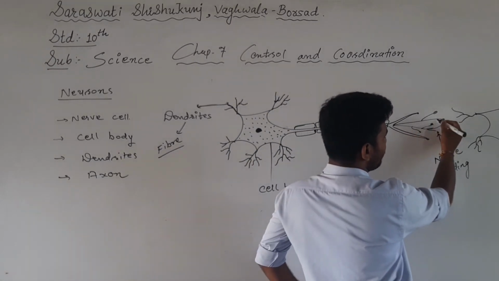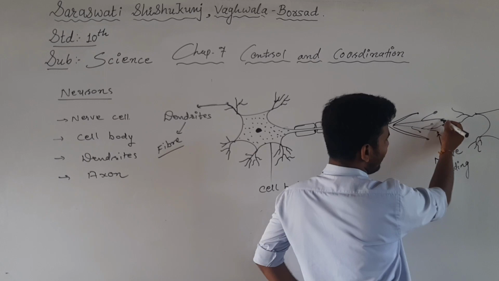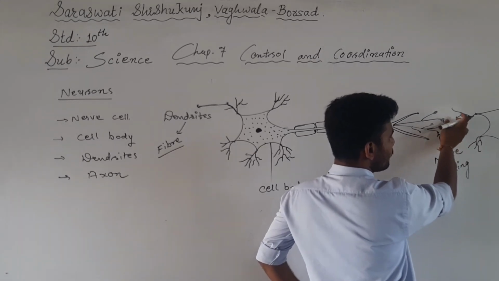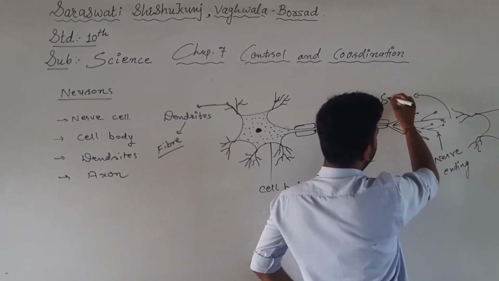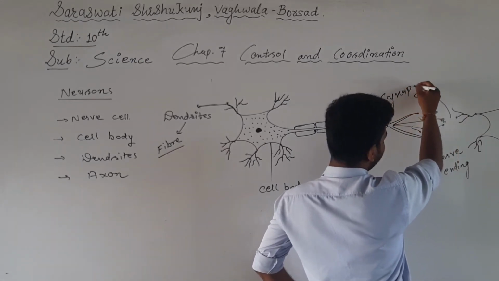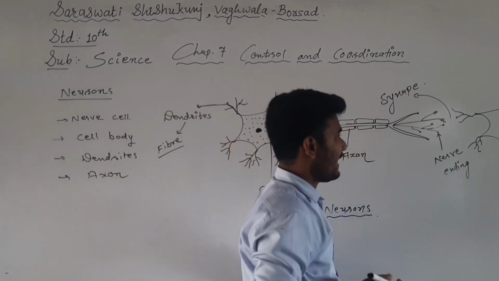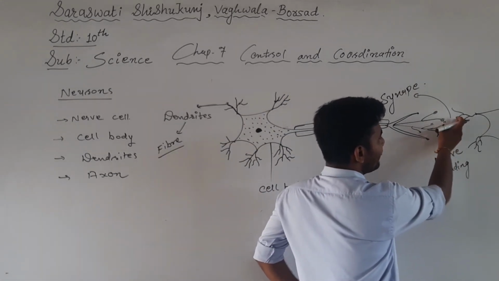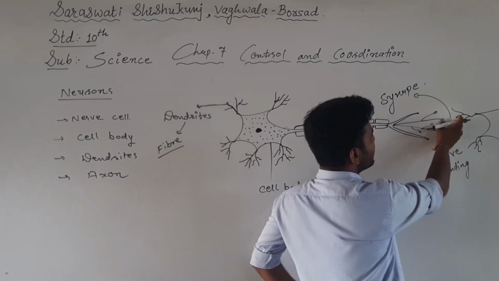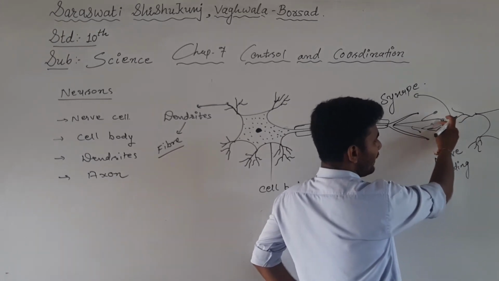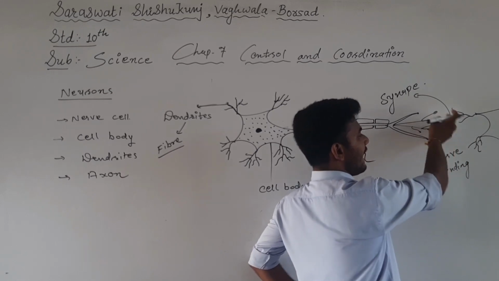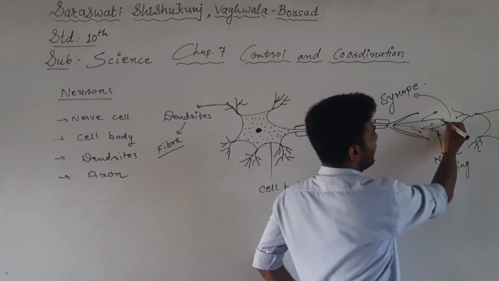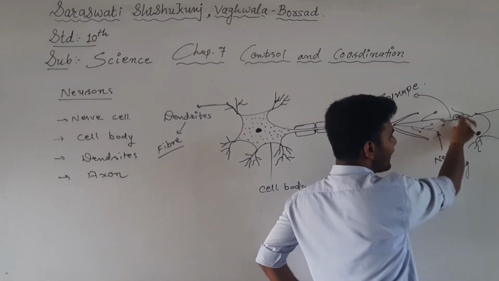And see, between the nerve ending and the next dendrites, there is a gap. That gap is known as synapse. Here at the nerve ending, the electrical impulse is converted into chemical, and it flows to the next dendrites.